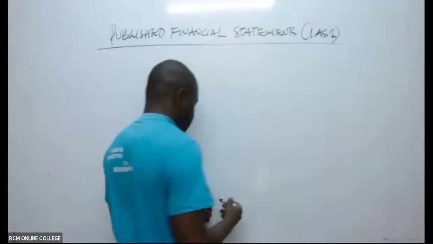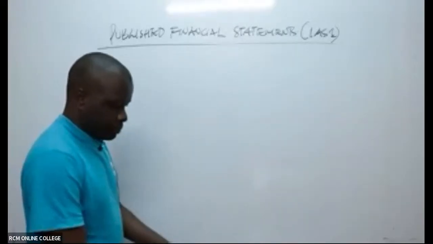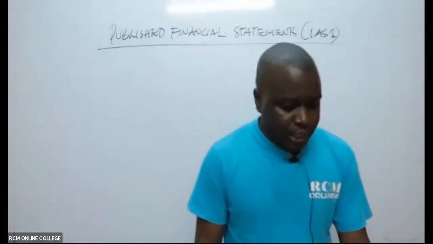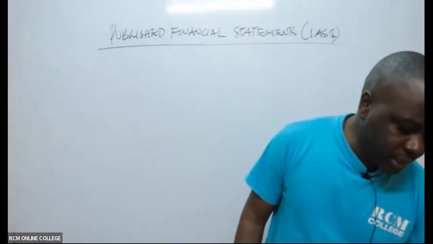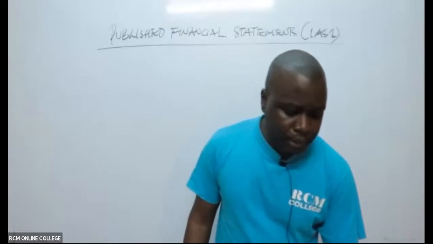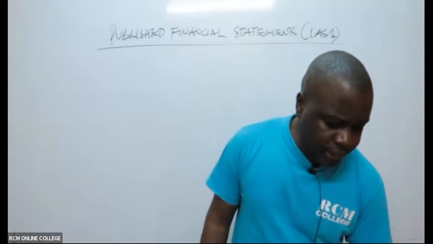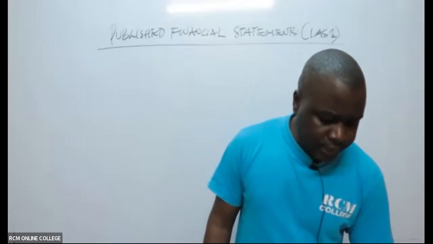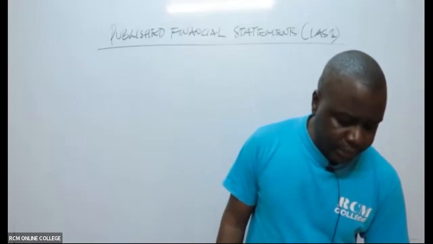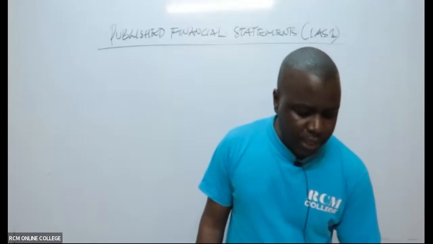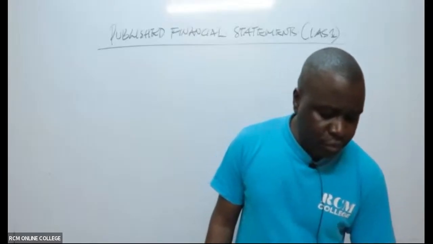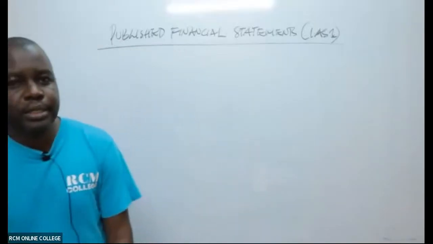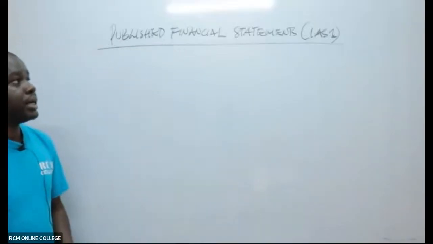Just from the word published, these are financial statements which are actually published. You must have learned somewhere else that certain entities, when they prepare their financial statements, have to publish them or make them public.